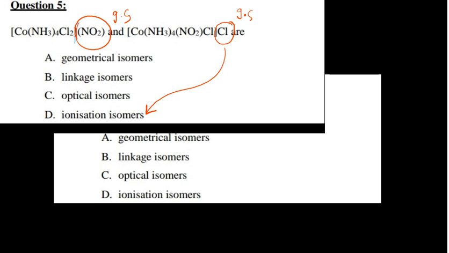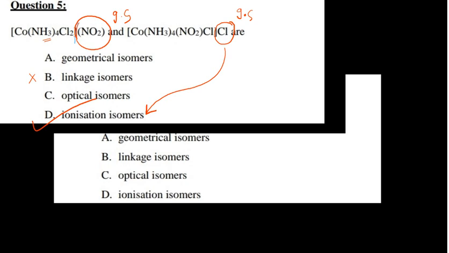And whatever compounds are given here, they cannot show other kinds of isomerism, right? There is no question of linkage isomerism. And again, since Ma4 type complexes are there, this compound cannot show other kinds of isomerism like geometrical and optical. So the correct option is D. Both are ionization isomers, right?